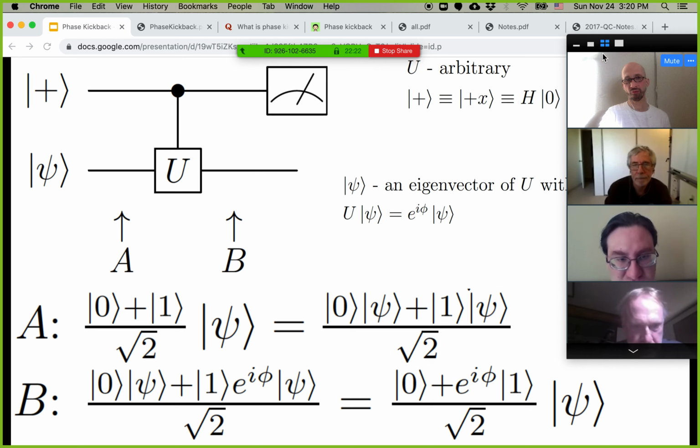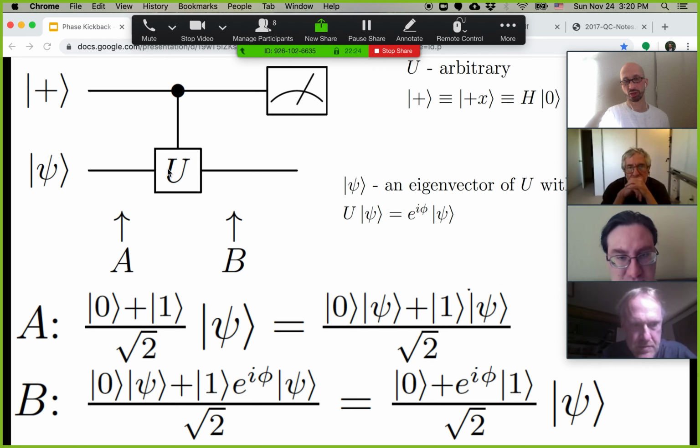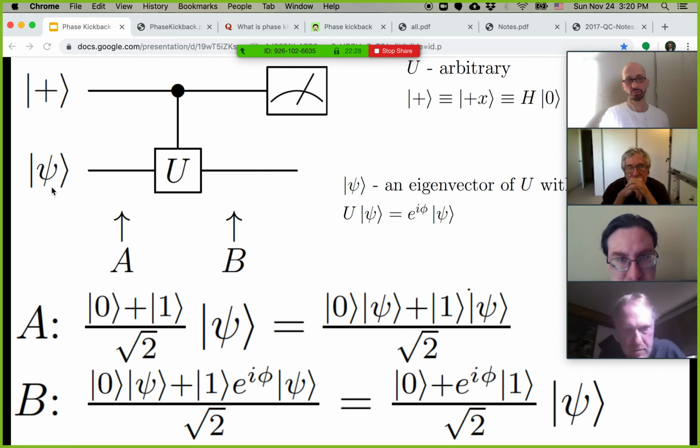Yes. So we have some specific matrix U and specific state psi. That means we have a specific constant that effectively replaces U to operate on this state. Okay. So at point of time A, we have this state.